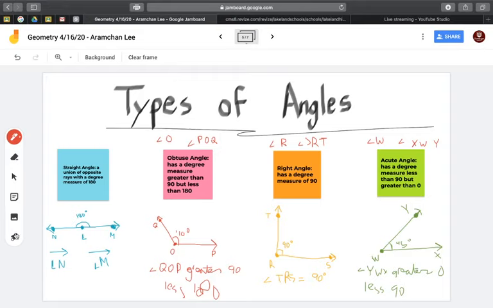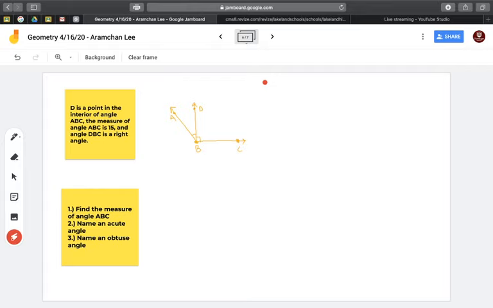Okay, so now that we know 4 types of angles, we're going to move on to see if we can apply any of the vocabulary and terms we learned. So here we have a question.